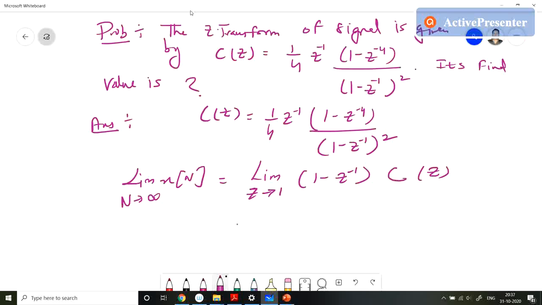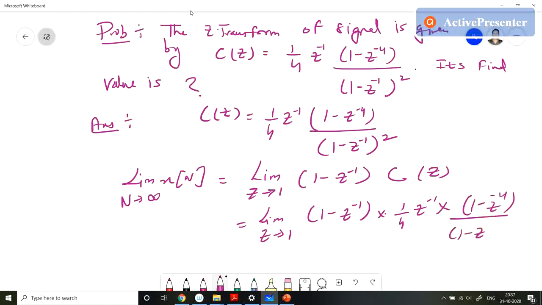So it is equal to limit z tends to 1 of (1 minus z raised to the power minus 1) into 1 divided by 4 z raised to the power minus 1, into 1 minus z raised to the power minus 4, divided by 1 minus z raised to the power minus 1, whole squared.